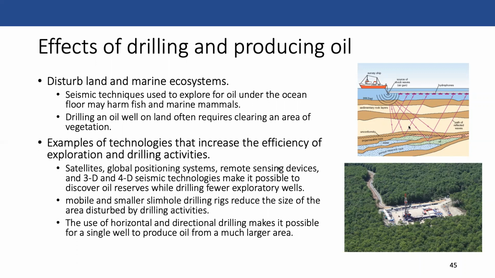And then the horizontal drilling, especially in shale, makes it possible for a single well to produce oil from a much larger area, whereas in the more conventional oil resources, you would have these oil derricks spread everywhere to tap into them. By being able to go horizontally, you can have one excavation site that can reach a large area beneath the ground.